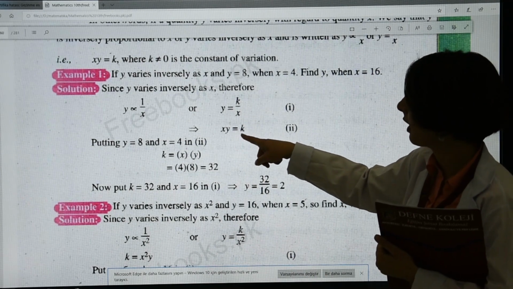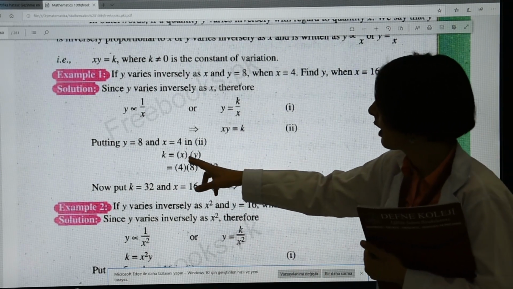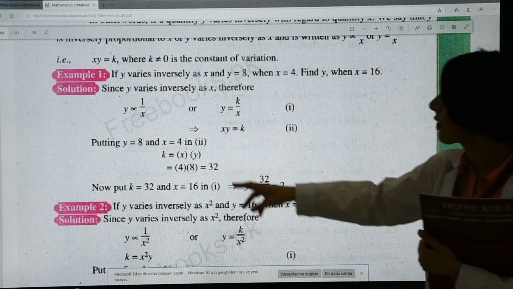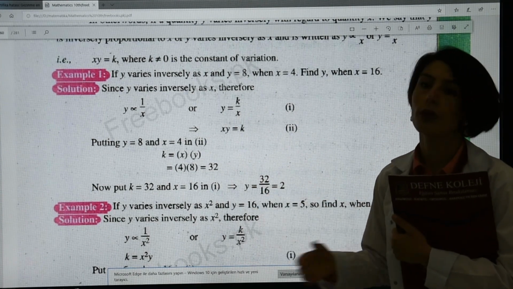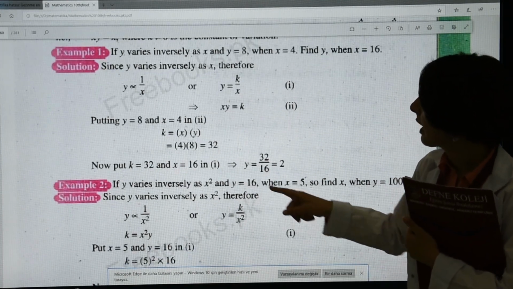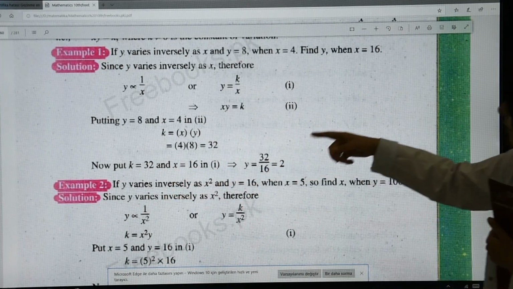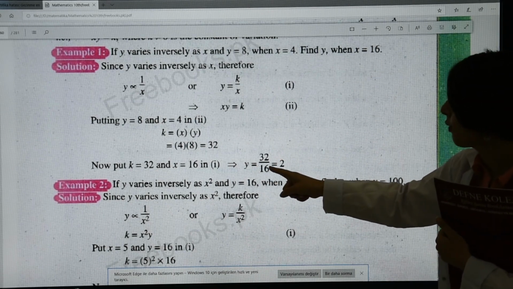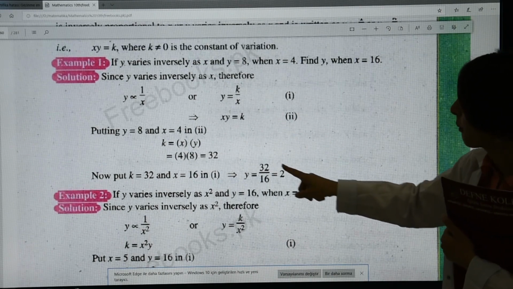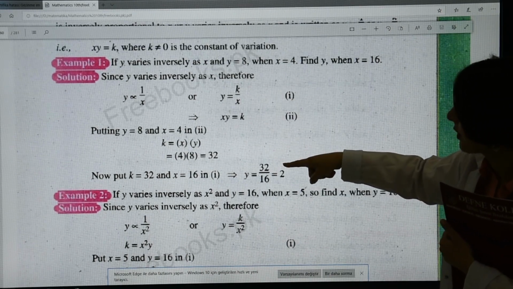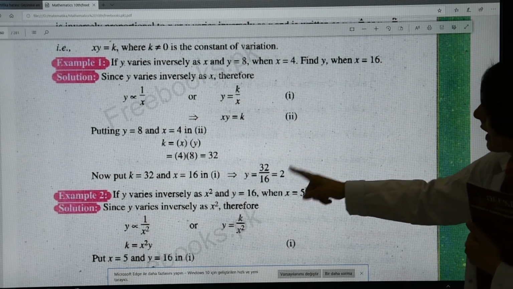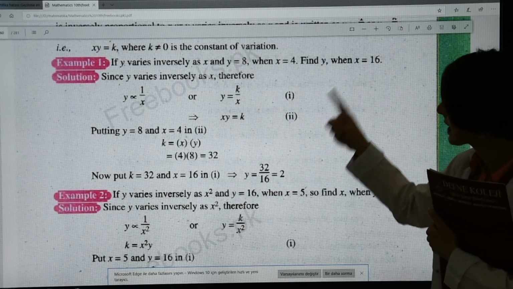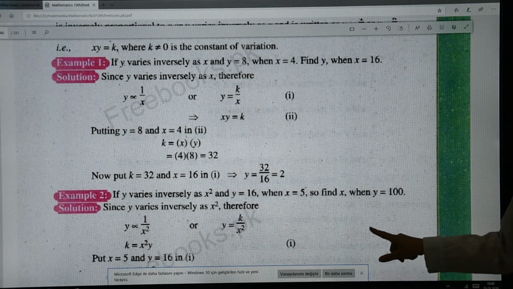The value of x is 4, the value of y is 8, k equals 32 because 4 times 8 is 32, okay? Now that I found the value of k, I can find the value of y when x equals 16. Y equals 32 over 16 equals 2. Why? Because the value of k is 32 and the value of x is 16 given by the exercise, so the value of y when x equals 16 is 2.